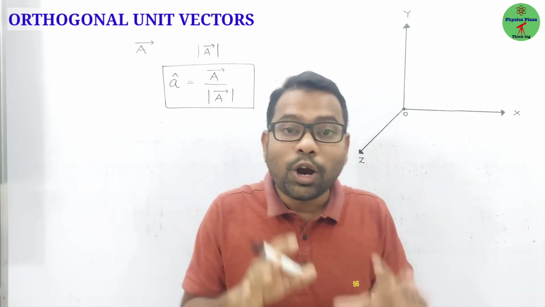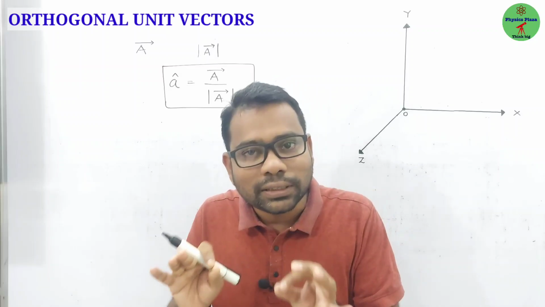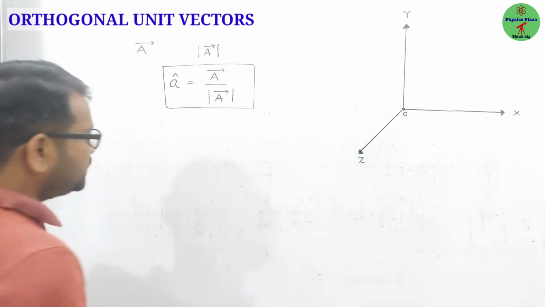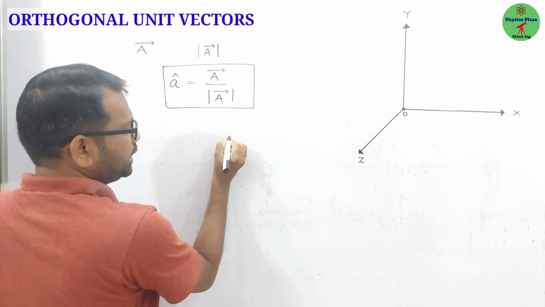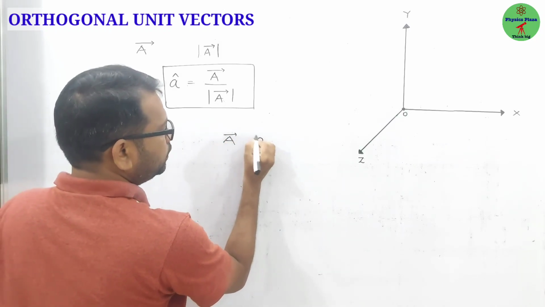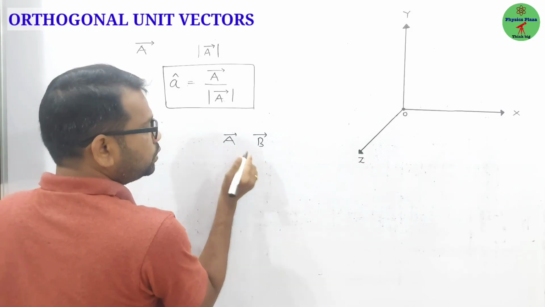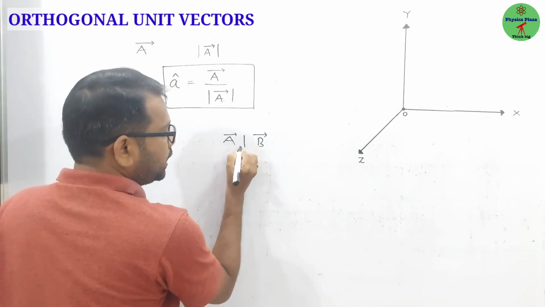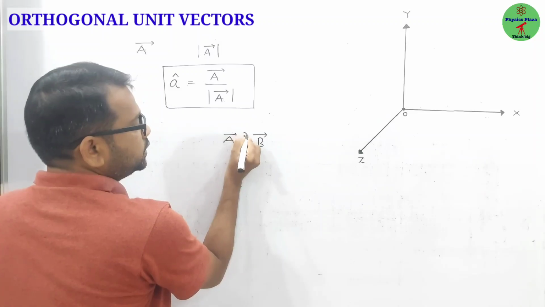Now, what are orthogonal vectors? Children, it's very simple. For example, vector A and vector B are orthogonal vectors only when they are perpendicular to each other.